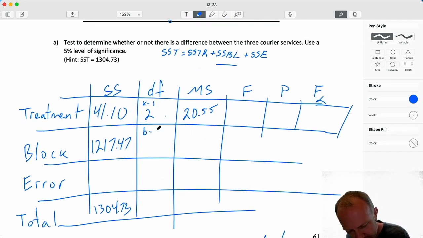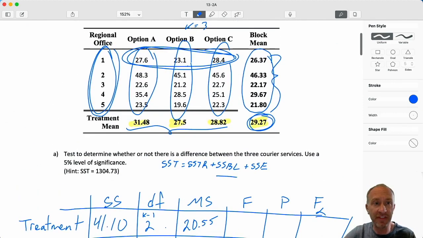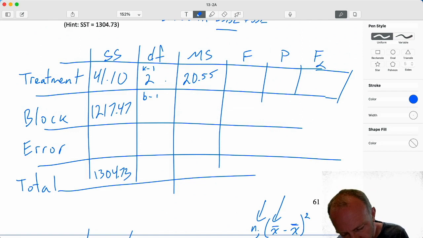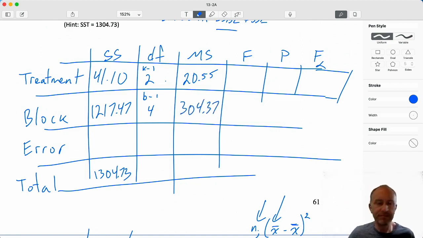So b, the number of blocks that we have, here I have 5 blocks. So b minus 1 is 5 minus 1 is 4. 1217.47 divided by 4. This mean square blocks, we calculate it, but I'm not going to actually use it for anything. It's just part of a complete ANOVA table.